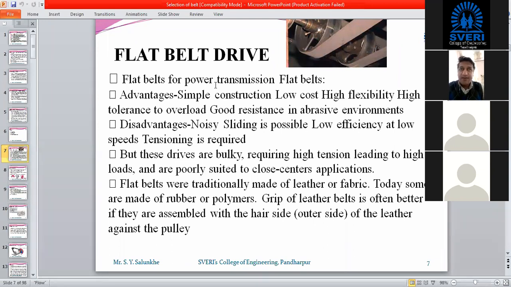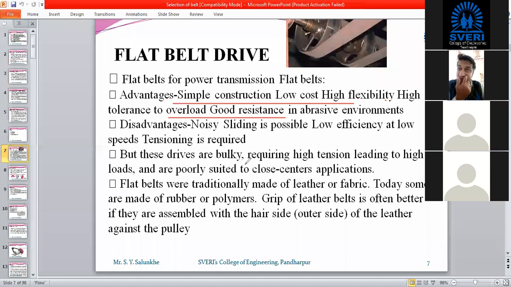These flat belts are used to transmit power. Their arrangement is very simple, that's why they are mostly preferable. They are simple in construction as well as in arrangement. Then cost is also low in case of flat belts, and they are very useful in case of overload.